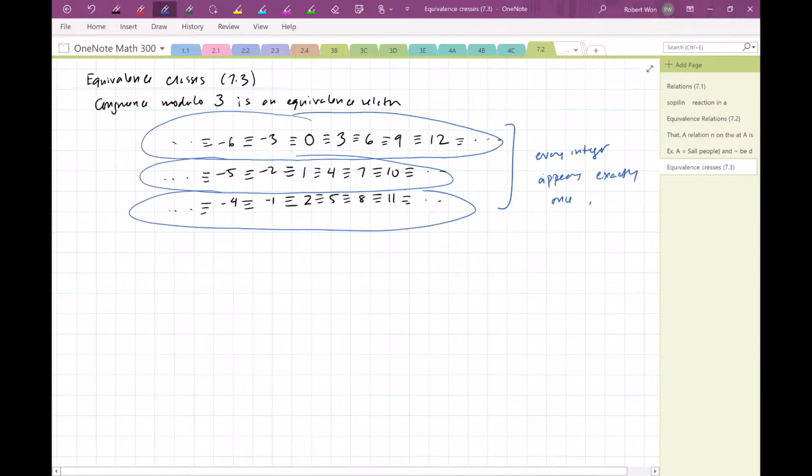So I have three different sets of integers, and every integer is in one and only one of these sets. What I've done is take the set of all integers and cut it up into three pieces. Within the pieces, all the things are equivalent to one another, and there are no equivalences between the different pieces. I'll call these things equivalence classes of the equivalence relation.